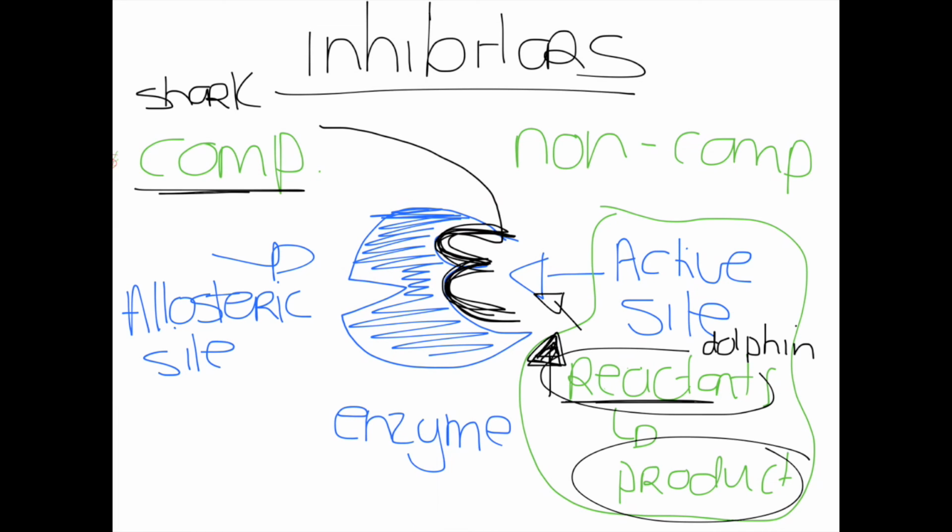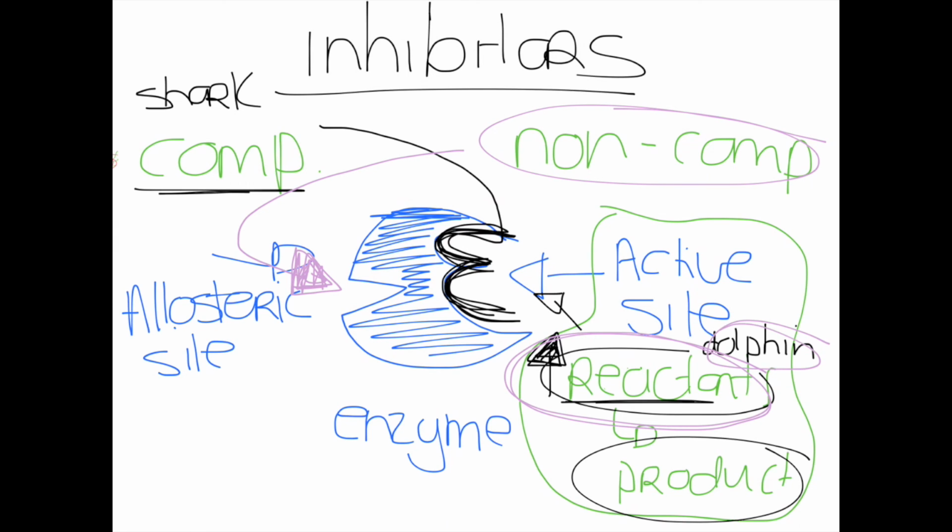All right, non-competitive inhibitors. This binds not with the active site but with the site at the back, the allosteric site. It doesn't matter how much we increase the concentration of the reactants or how many dolphins we have, that's not going to budge. That's when we start to look at toxins that affect our body.